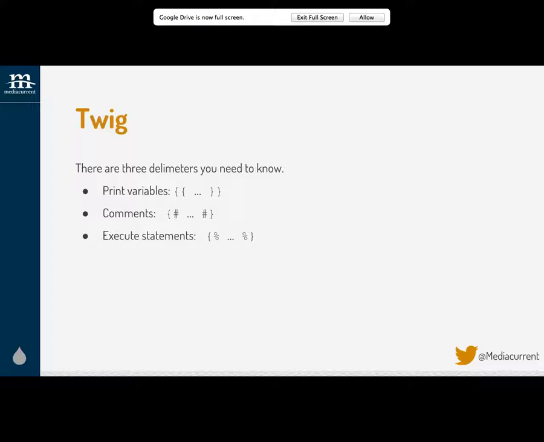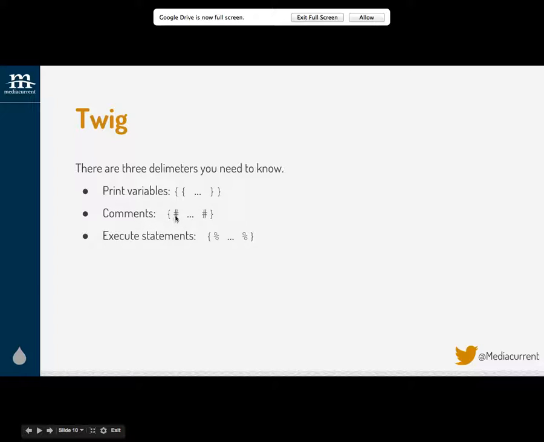I'm just going to get into a little bit of the syntax, and it's really pretty straightforward. So printing variables in Twig is as easy as putting 2 curly brackets on each side and putting the variable name in between with a space on each side. That's all it is. So if you put this in your template with the variable name inside, it will print.